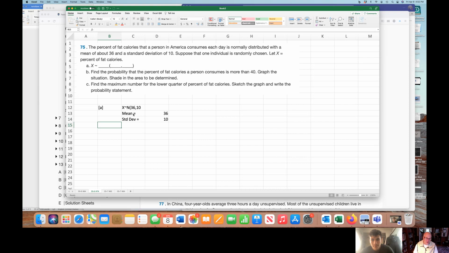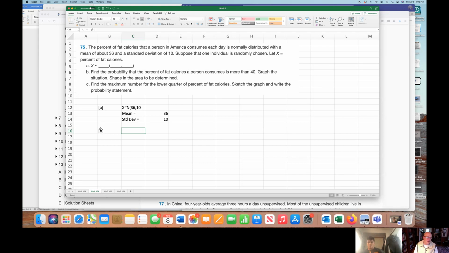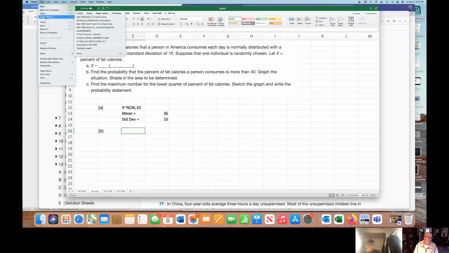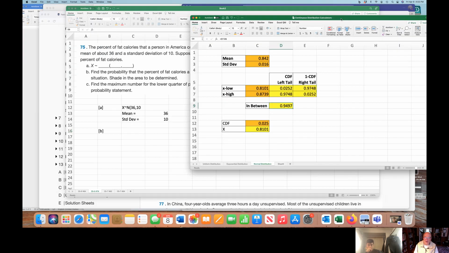Well, the easiest way to do this problem is to use the calculator that I gave you. Okay. So where's the calculator? I should have it on here, I think. Unless I closed it already. I did close it. Silly man. File, open recent, continuous probability distribution calculator. There it is, normal distribution right there.